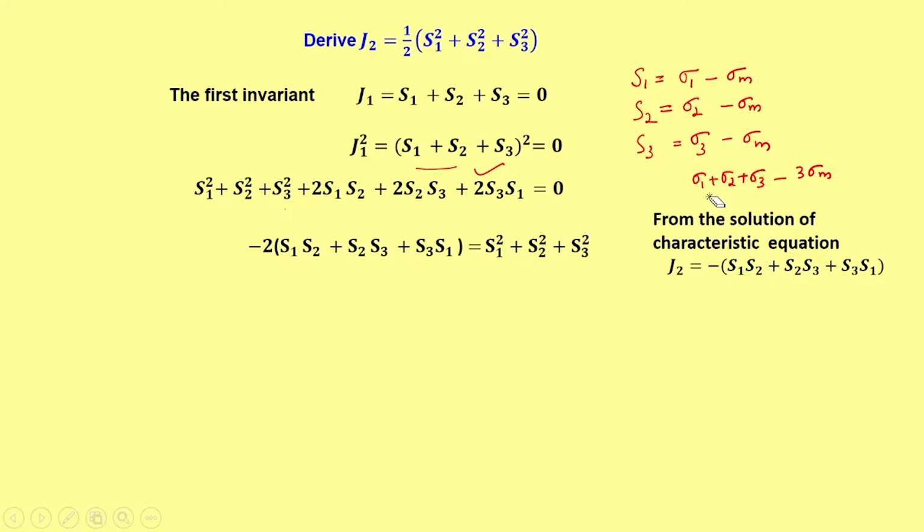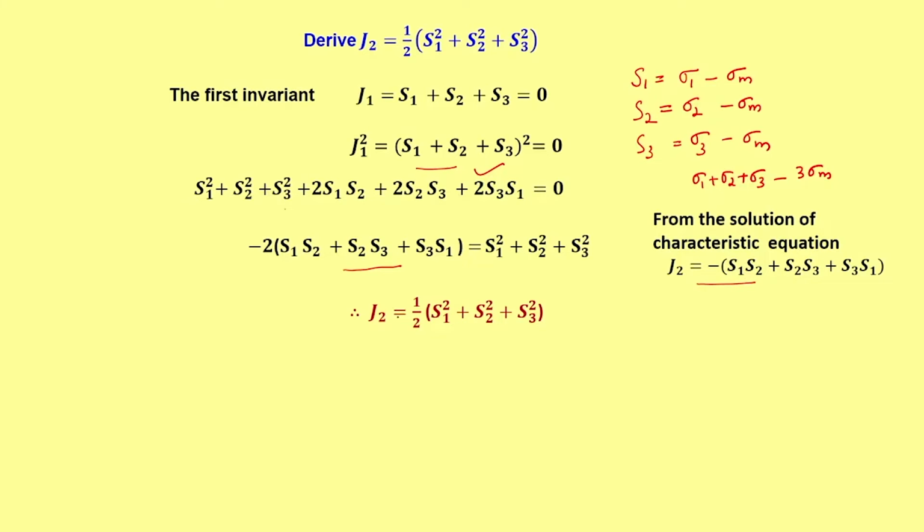We also know from the solution of the characteristic equation, just like we had I2, which is sigma 1 sigma 2 plus sigma 2 sigma 3 plus sigma 3 sigma 1, we have J2 is equal to minus S1 S2 plus S2 S3 plus S3 S1. Please compare this and this particular term. So, one can always write that minus 2 J2 is equal to S1 square plus S2 square plus S3 square.